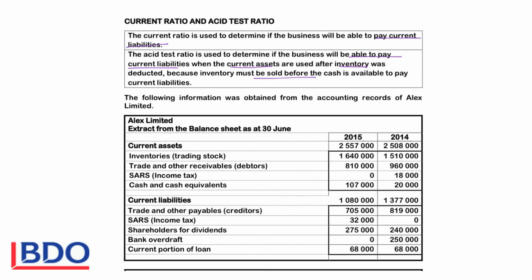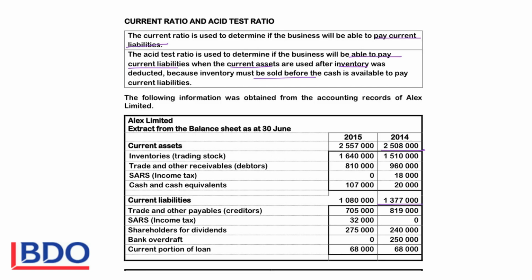If we look at the current ratio for 2014, and we calculate current assets to current liabilities, then in 2014 our current assets was 2508 and our current liabilities was 1377. If we do this calculation, we see that the answer is R1.80 assets for every R1 debt.